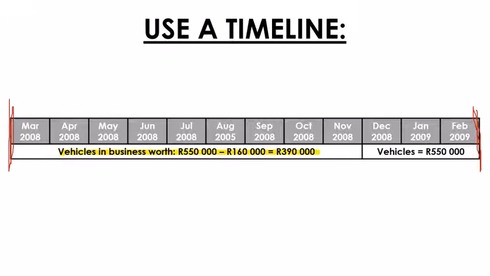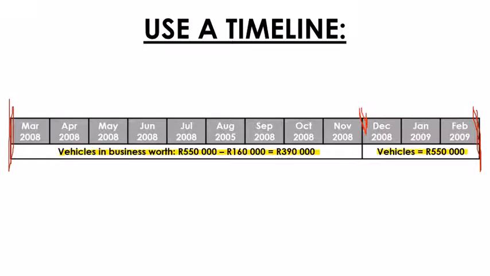So the vehicles that we had from the beginning of the year were only worth 390,000 Rand. Then they said on 1 December 2008, which will be here, we bought the new vehicle of 160,000 Rand. So now suddenly our total vehicles have a cost price of 550,000 Rand.